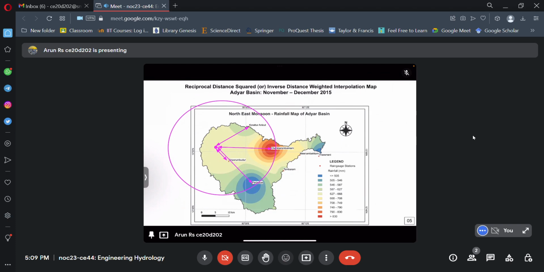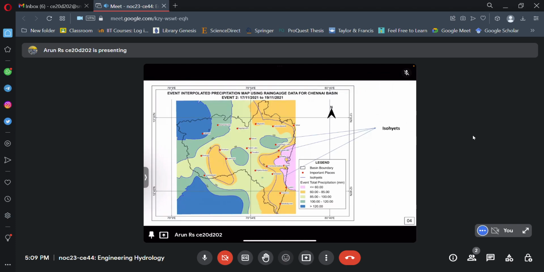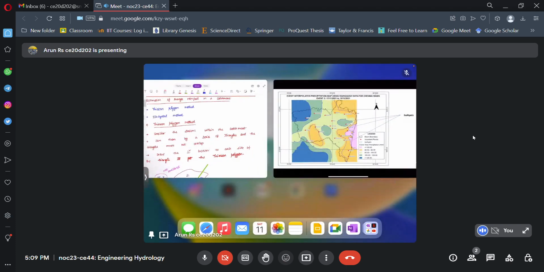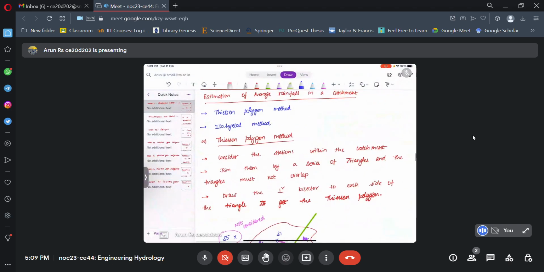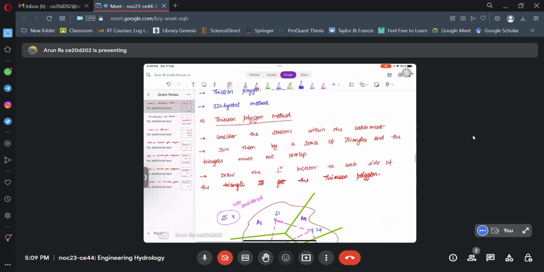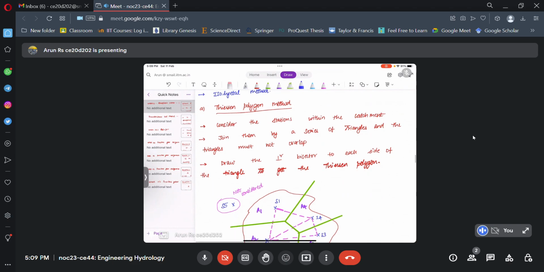Okay, so we'll move on to solving some problems related to the Thiessen polygon method and the isohydral method. First is the Thiessen polygon method. For a given catchment, we need to take only the rain gauges that are within the catchment. We should not consider the stations which are outside the catchment, as these stations might not have a contributing area within this particular watershed.